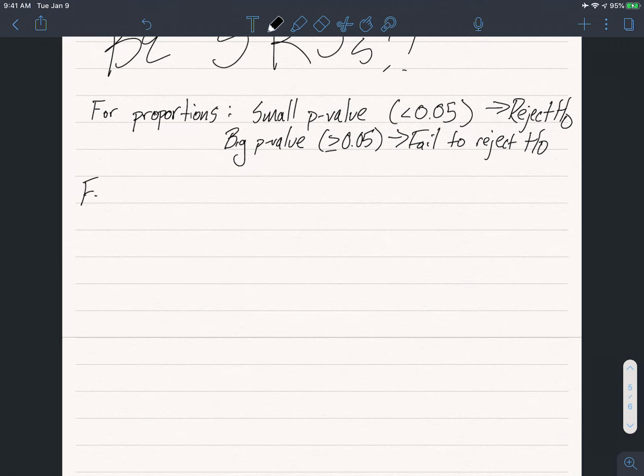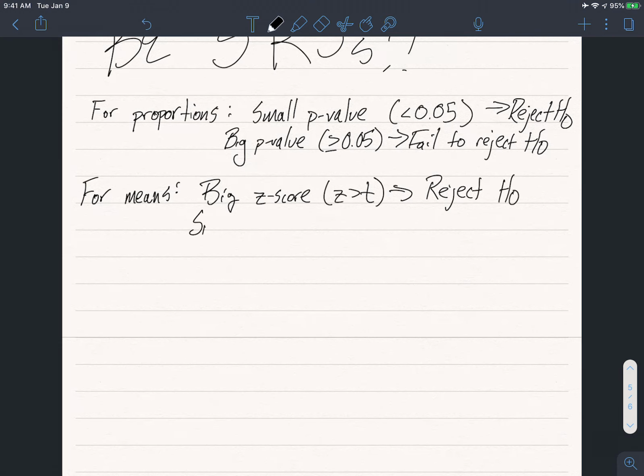And for means, it's the opposite. Big Z-score, meaning Z is bigger than that threshold T, that led to rejecting the null hypothesis. And a small Z-score, Z less than T or equal to, led to failing to reject.